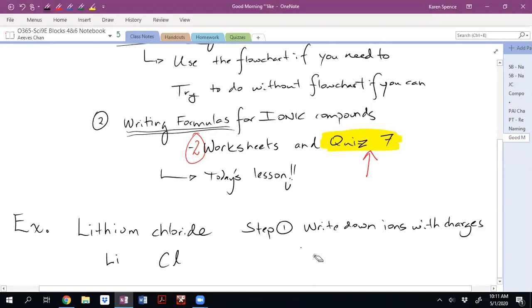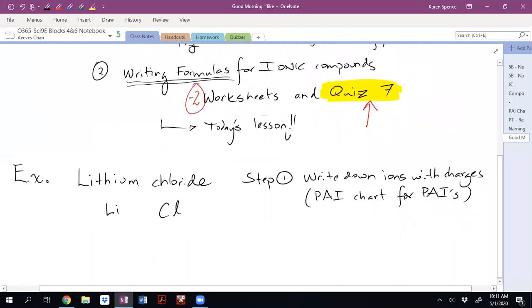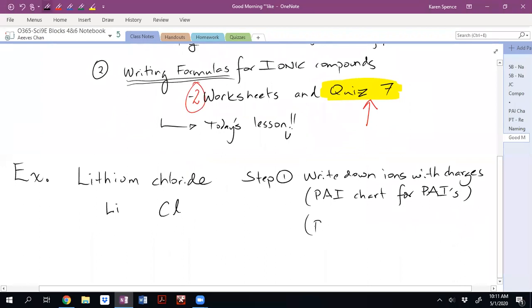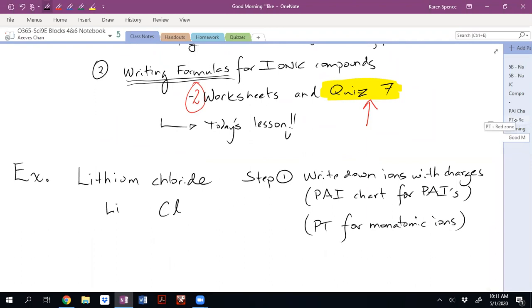So we're going to look on the periodic table. You're going to use the polyatomic ion chart for polyatomic ions, and you can use the periodic table for monatomic ions. Okay, so let's go take a look at our periodic table.